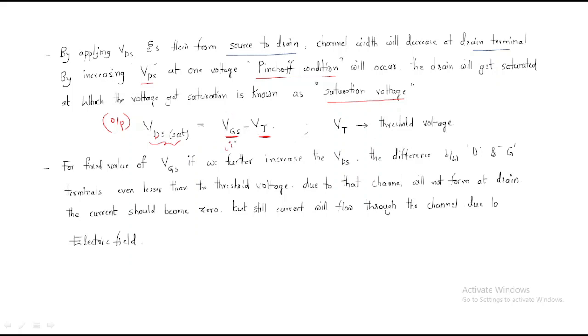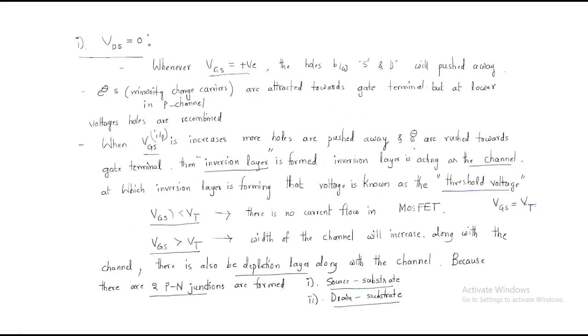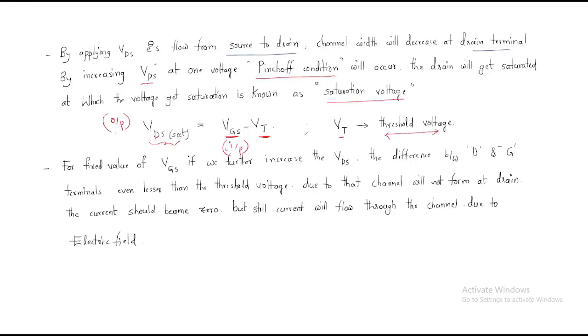VGS is nothing but the input voltage. And what is VT? VT is the threshold voltage. Threshold voltage is nothing but the voltage at which the channel is formed between source and drain.